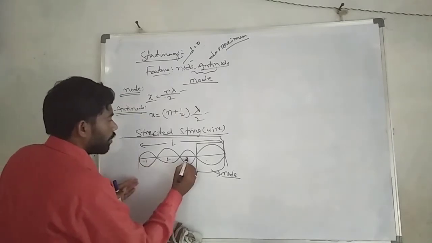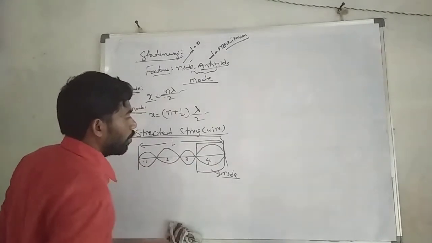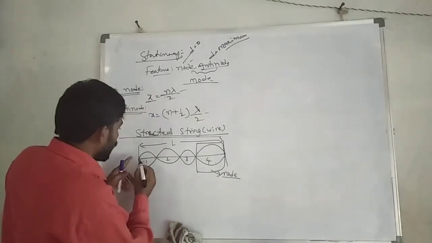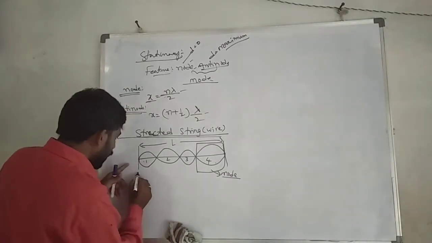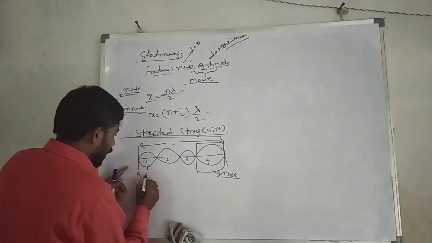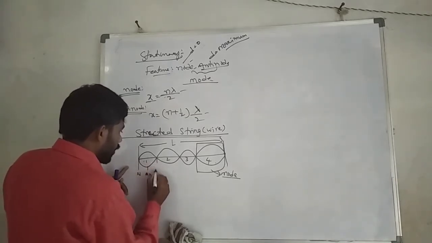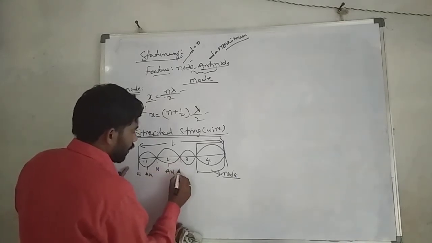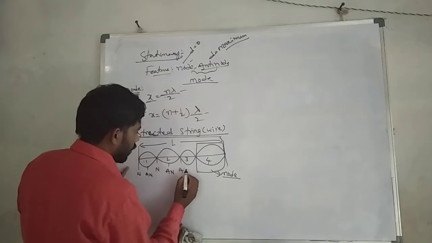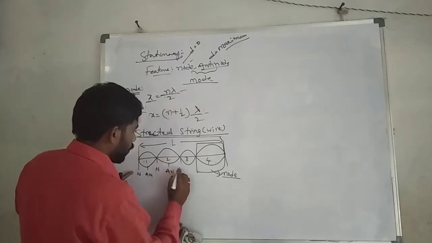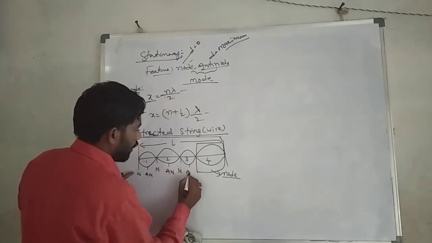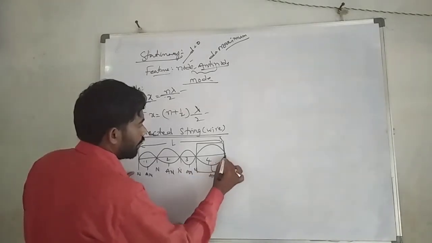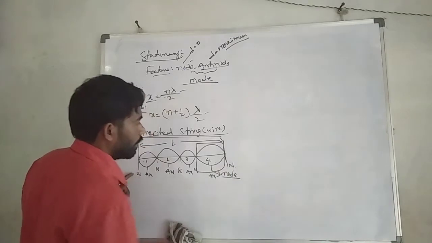Then this one is node, this one is antinode, this one is node, antinode, node, antinode, and this one is a node.